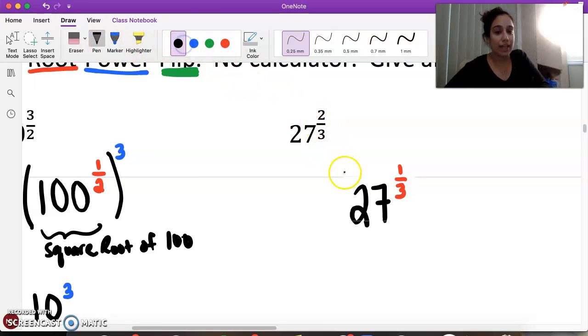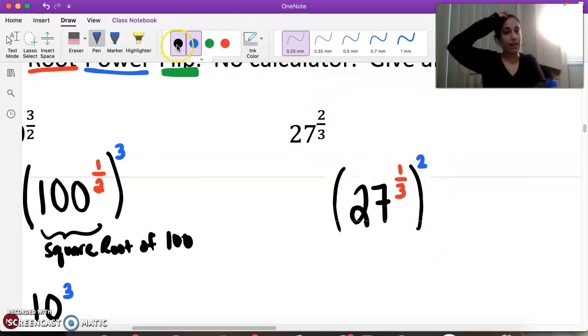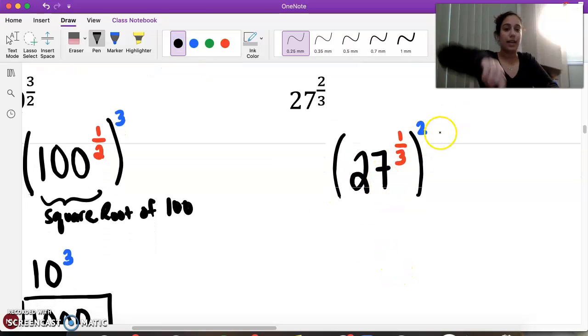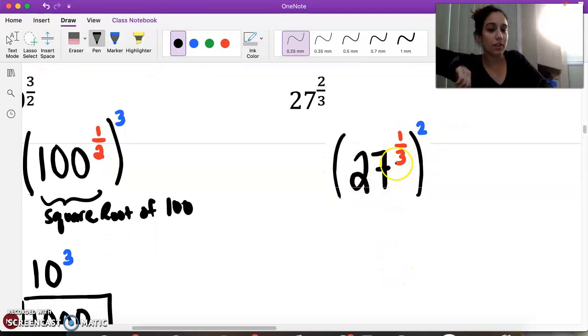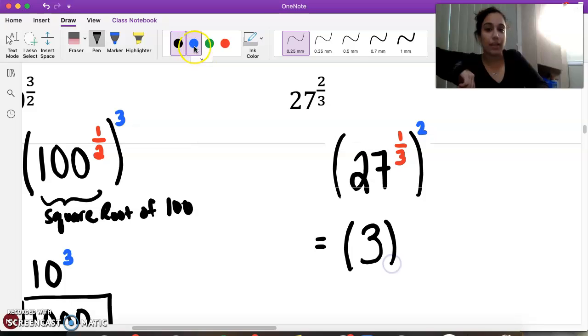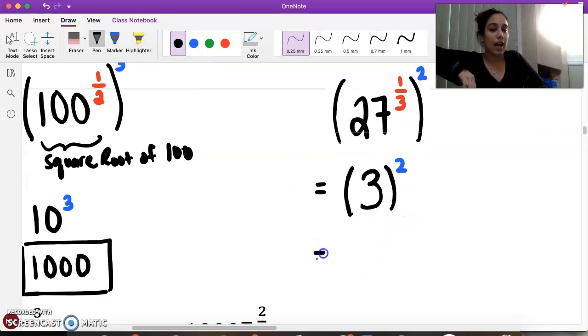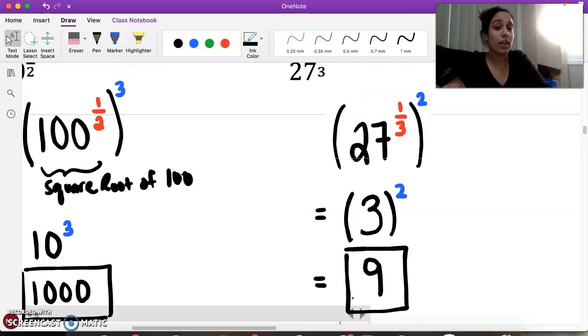Then we raise that to what? The power of 2. And then we go from the inside out. What is the cube root of 27? Again, this means cube root of 27, which is 3. And then we raise 3 to the second power, and 3 squared is 9. Now we could do it the other way around, right?